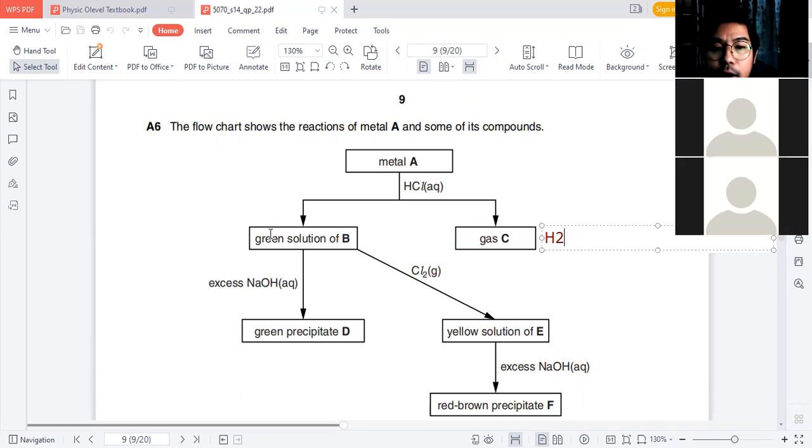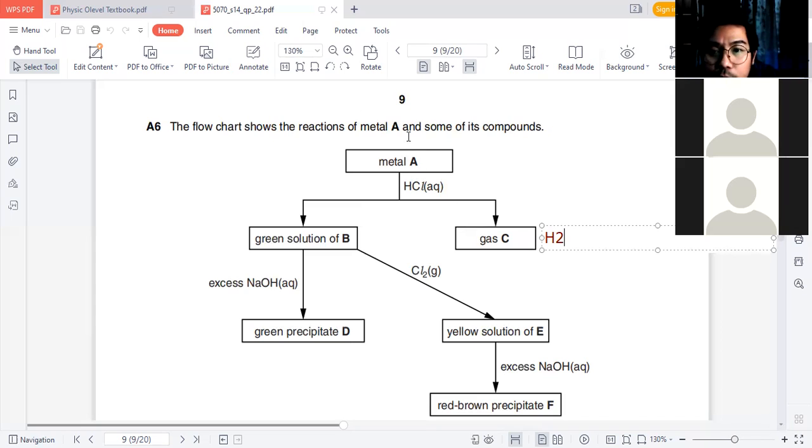You need to know that green is iron, and if it is blue, then it is copper. This one is green, so I suspect it is iron.